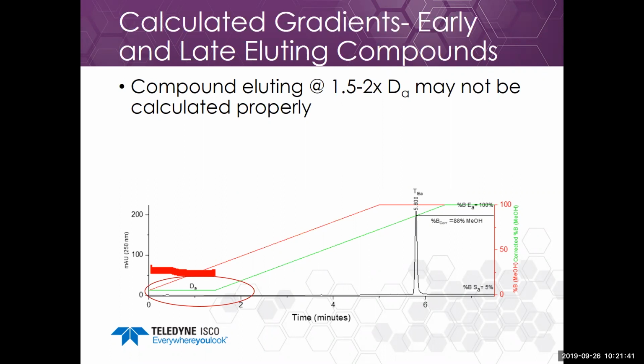The problem is that all of us who calculate these gradients assume that the compound doesn't move until the gradient gets to a particular point, and then it starts moving at once, and we all know that's not true. A compound that elutes someplace over here is actually moving down the column. So what happens is we see the compound come out at some point, we calculate a gradient, and the compound usually comes out later than we expect.